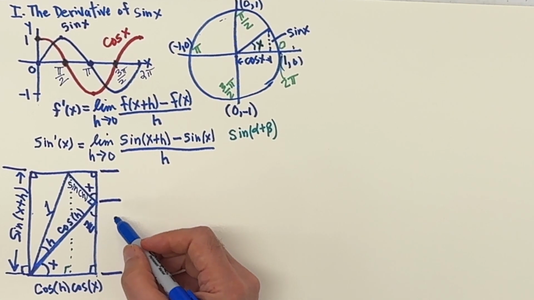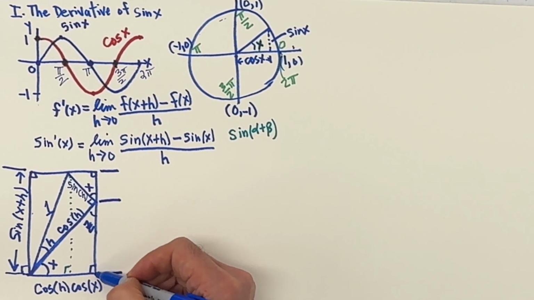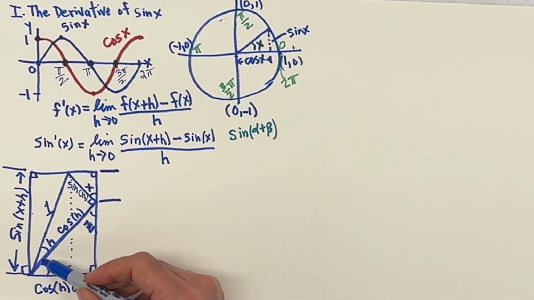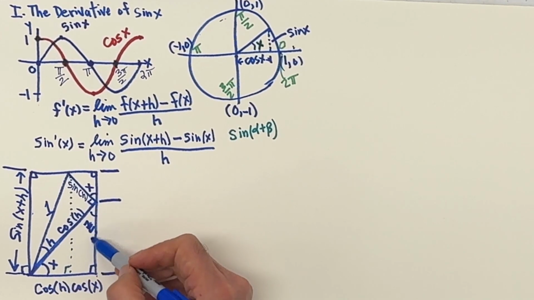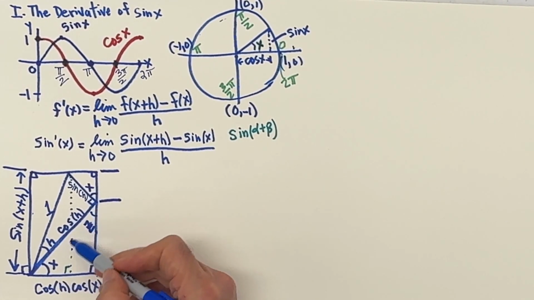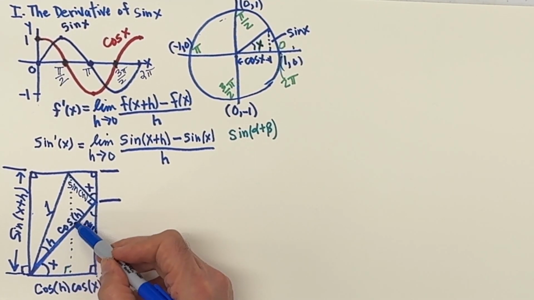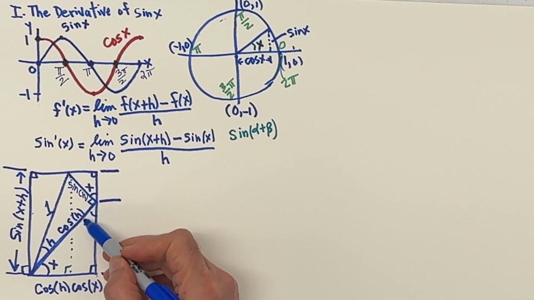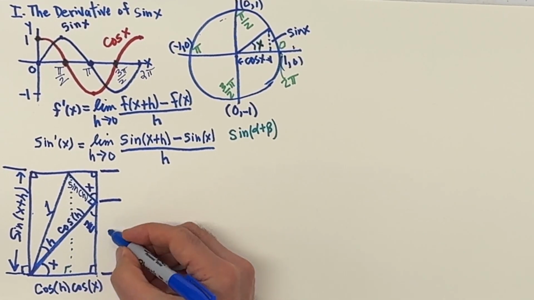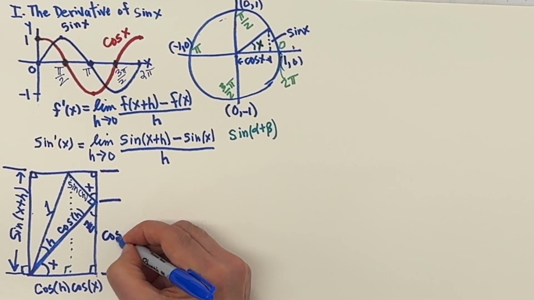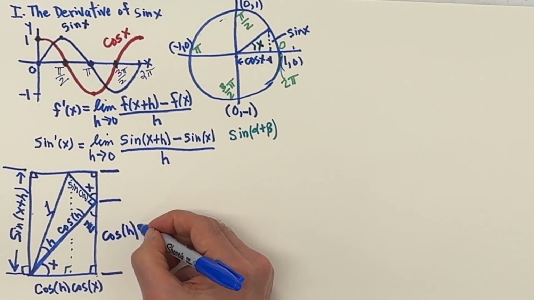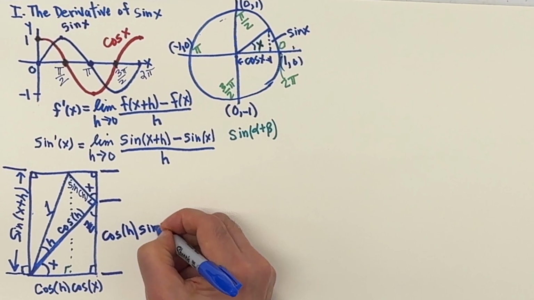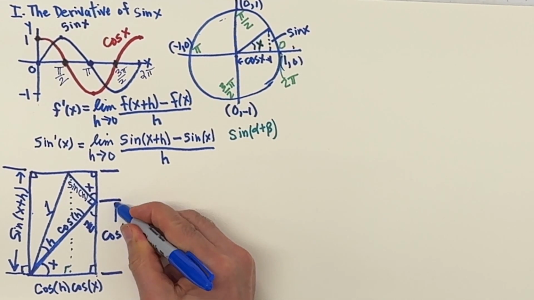Well, let's look at the lower piece first. This piece here is going to be, if you think of this triangle, you have the angle x and you have a hypotenuse of cosine of h. So cosine of h times the sine of x will be this height. So this is the cosine of h times the sine of x, and that gets you this height.